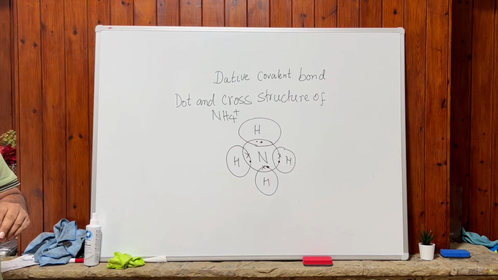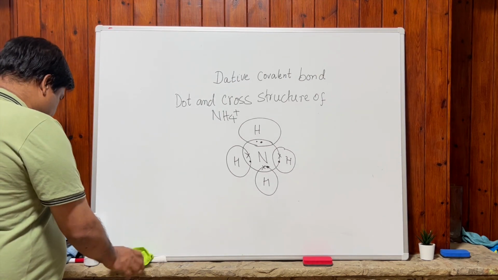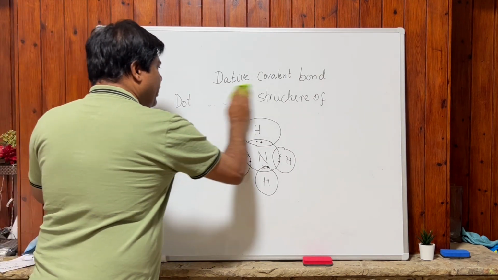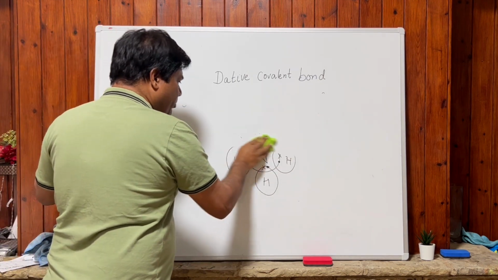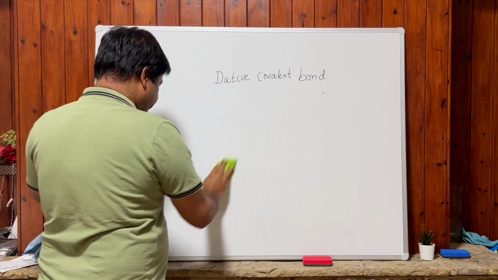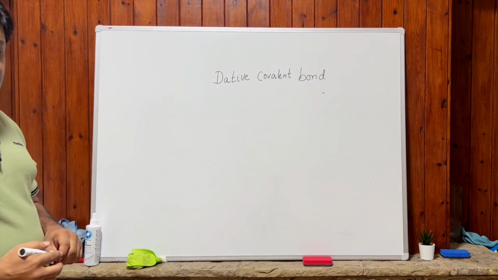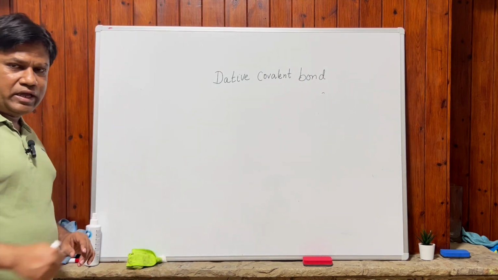These 2 dots mean that 2 electrons are donated by nitrogen. One more example: the hydronium ion. Whenever we end up with the suffix -ium, meaning a positive ion, there is a dative bond. Just now I told you, an acid when dissolved in water gives away H plus ion.